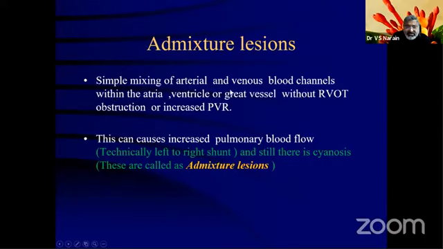So this is an admixture lesion. And obviously, when there is no obstruction and you have great mixing, then you will have an increased pulmonary blood flow. So technically, when you have increased pulmonary blood flow, it is a left to right shunt, but still you have cyanosis because there is some kind of mixing going on. And this is what admixture lesions are all about.